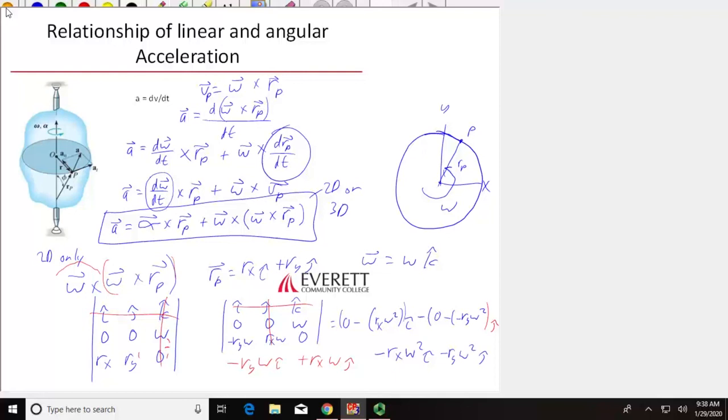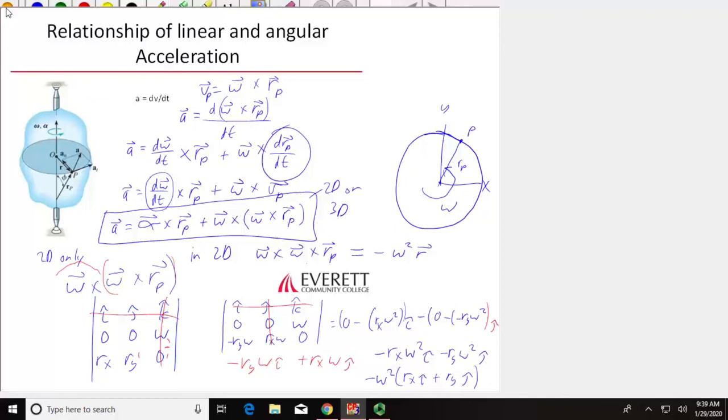If I factor out a negative omega squared, I get negative omega squared times Rx i plus Ry j. What is Rx i plus Ry j? Rp. In 2D, omega cross omega cross Rp equals negative omega squared R.